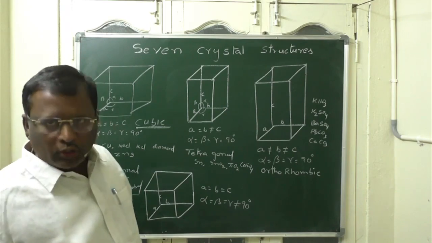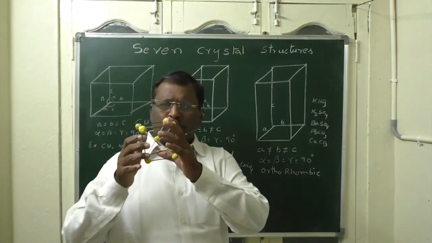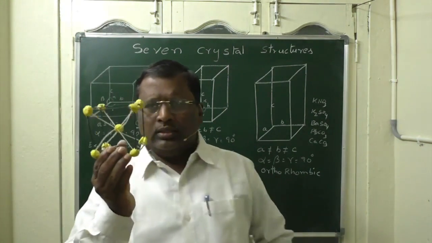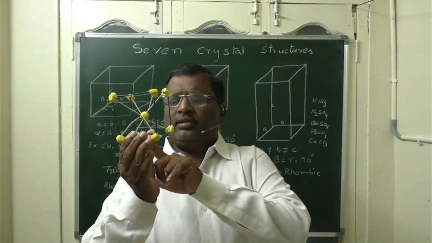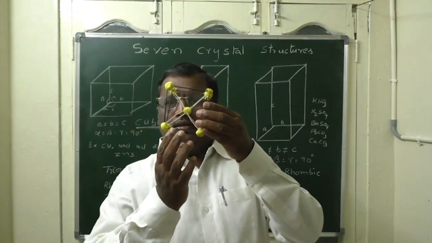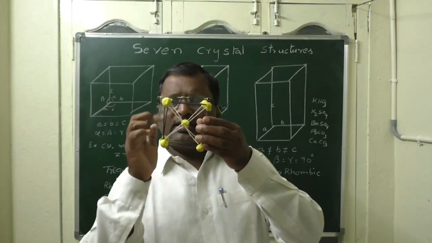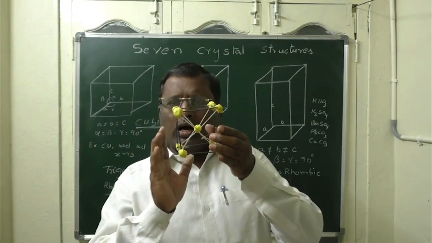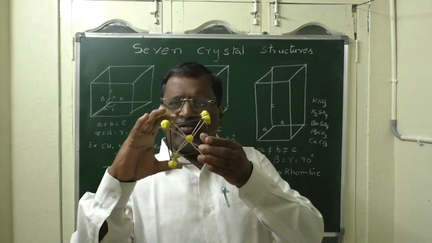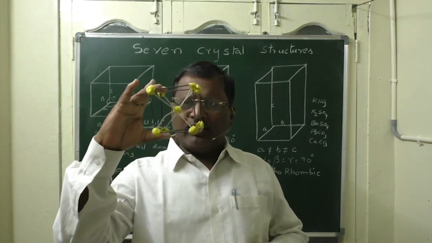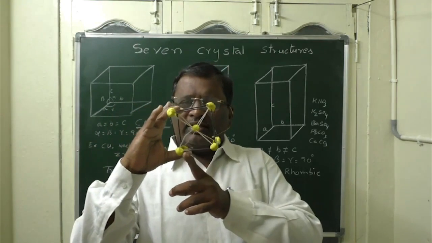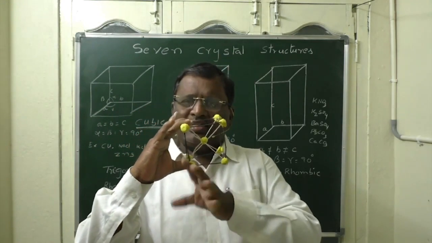Now, cubic. This is a cubic structure. Cubic structure means it has length, width and height. This is a, b, c. Here all are equal in size, equal in magnitude. The length, width and height are the same.